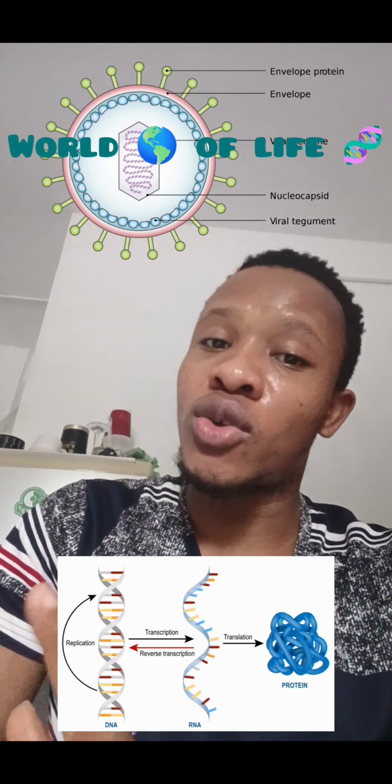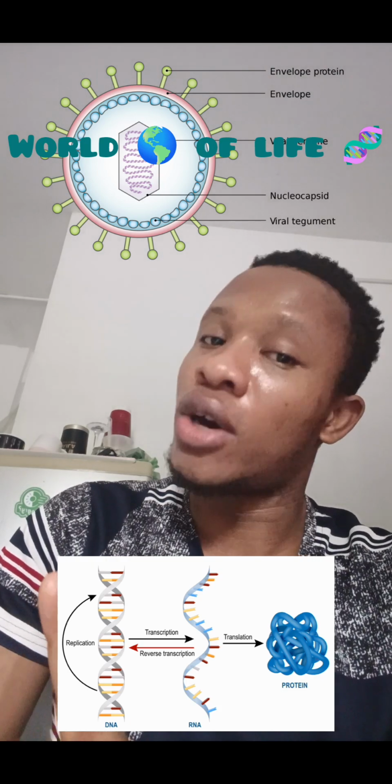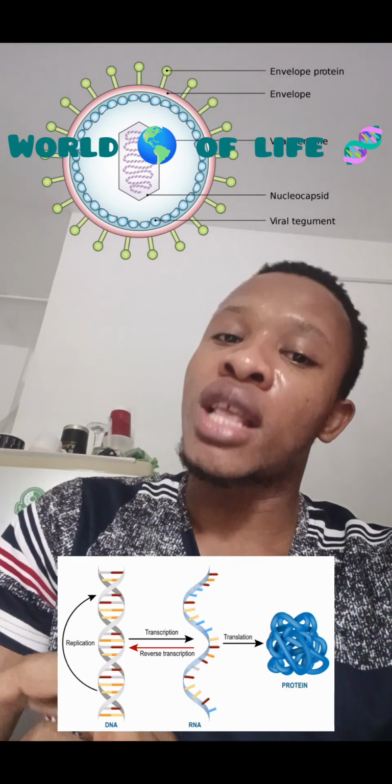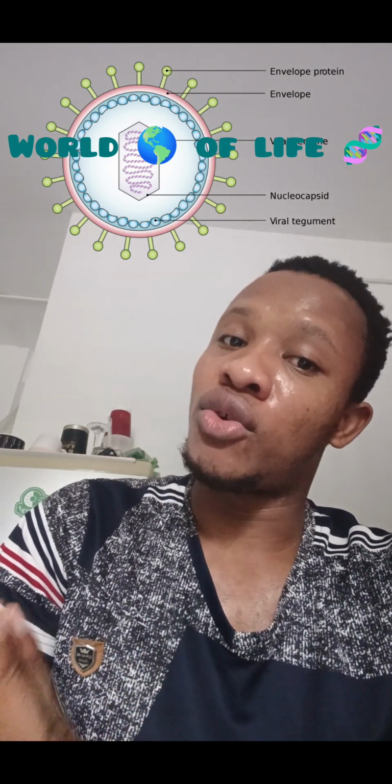And again, it doesn't have any other organelle that would make it living. Another point is that the virus doesn't eat, it doesn't have a mode of nutrition. The reason why it is called a parasite is because of its mode of replication. So it doesn't actually target the nutrition of the host. The only thing it targets is the organelles of the host.